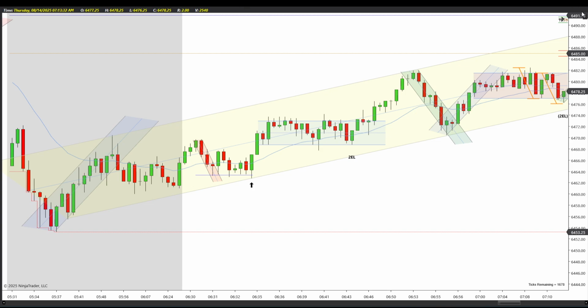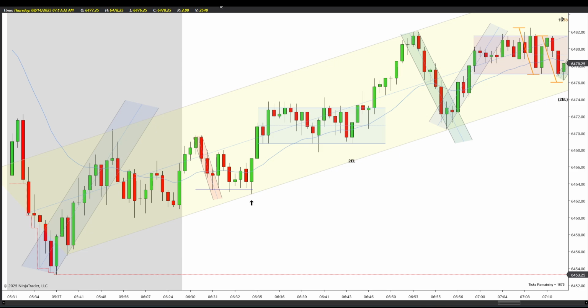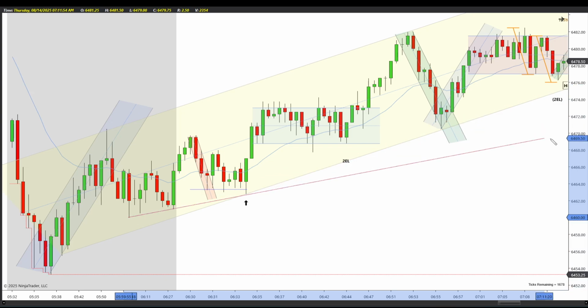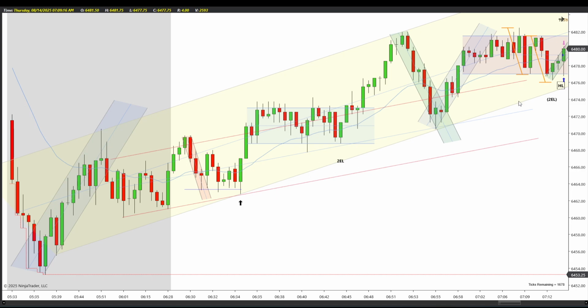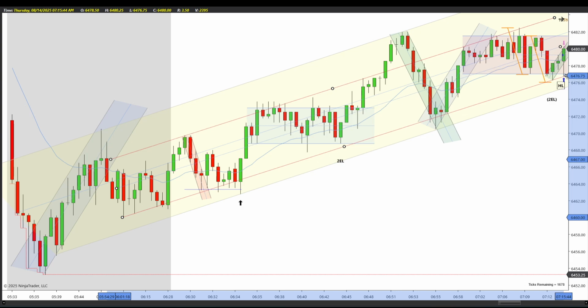A different channel that I had drawn was something right here from this. Looked like it touched pretty well. Oh, that got skewed. So I had something like this. So this transparent red channel is kind of what I was playing at the time.